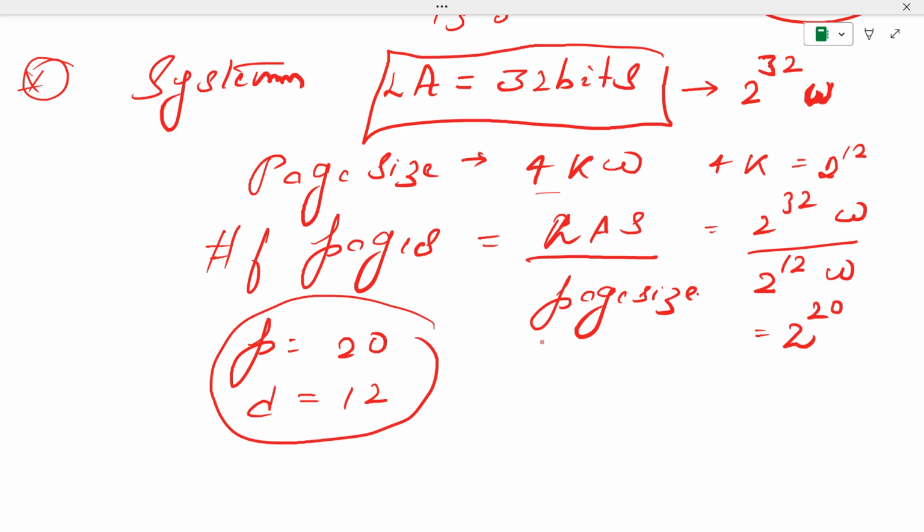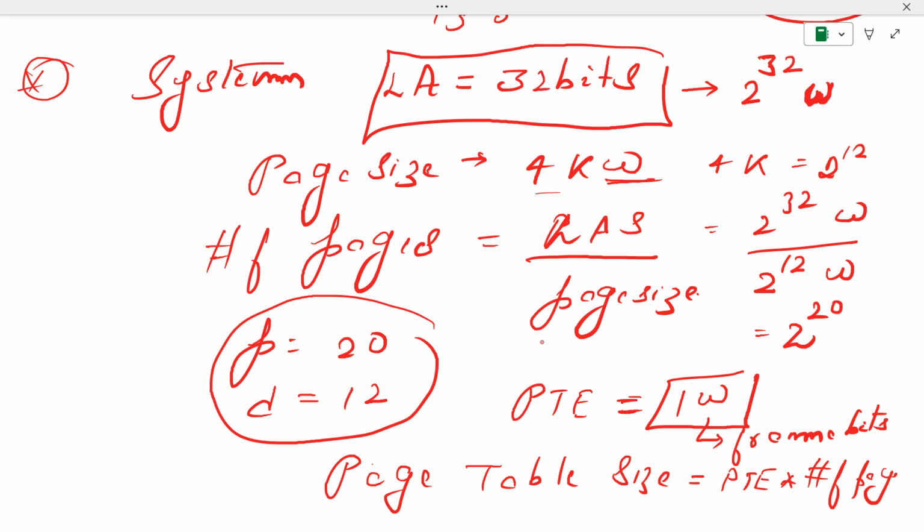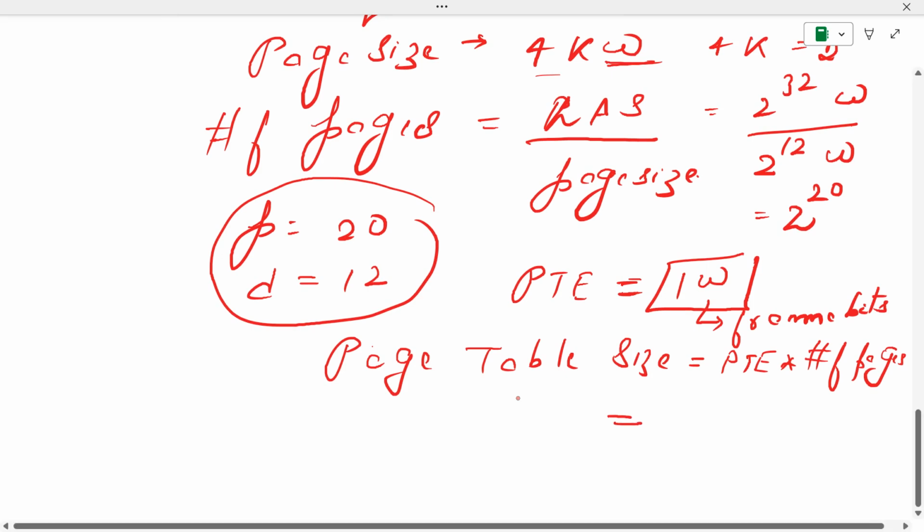Now, memory is word addressable, it is understood. And PTE, page table entry, is equal to one word. So PTE contains the frame bits and everything, so altogether the PTE is one word. If we are asked about page table size, it would be nothing but PTE multiplied by the number of pages, because for each page we have a page table entry in the page table.